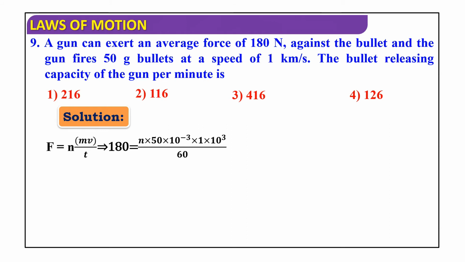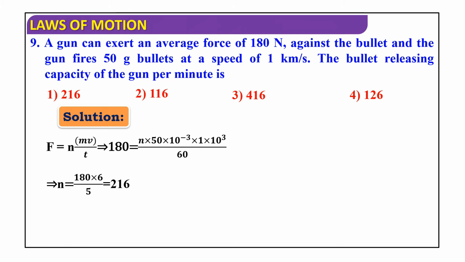Speed is given as 1 kilometer per second, so converting into meters, 1 into 10 cubed, divided by t per minute. Minute means how many seconds? 60 seconds. So we are getting the number of bullets. The bullet releasing capacity of the gun per minute is N, which we have to find out.